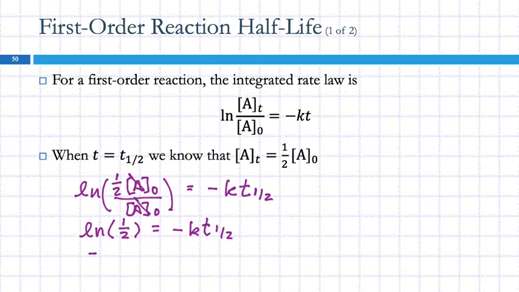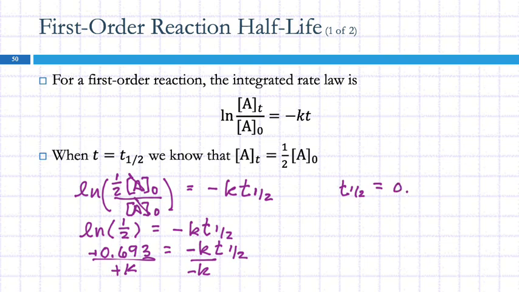So natural log of 1/2 is negative 0.693. We usually use 3 sig figs on that. That equals negative k times t 1/2. And so if we divide both sides by negative k, the negatives cancel out. t 1/2 is equal to 0.693 over k, the rate constant.